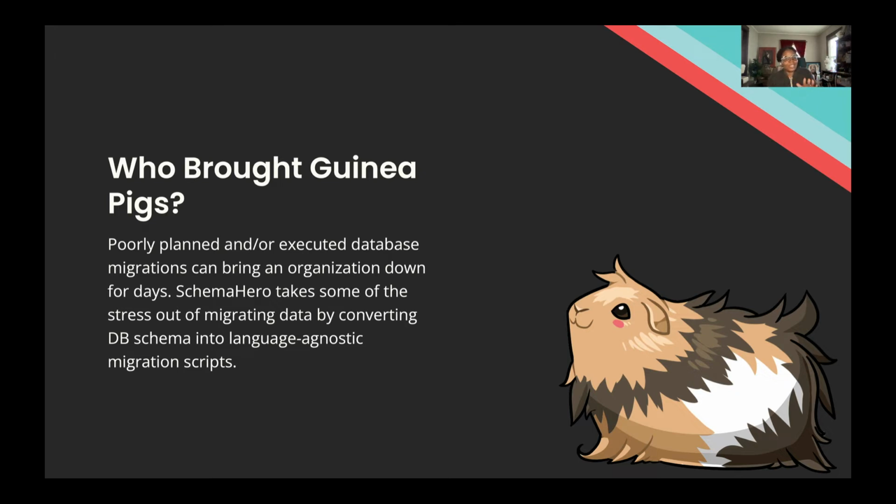Now, while the scenario is intentionally ridiculous because I want you to laugh, it's kind of accurate to what happens on a support floor when a database migration fails, except in real life, everybody's crying. Anyway, this is where SchemaHero would come into the rescue, no pun intended.